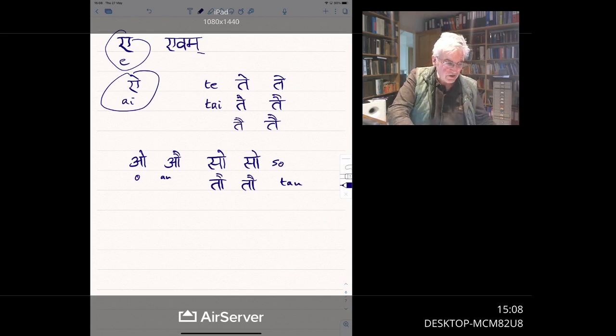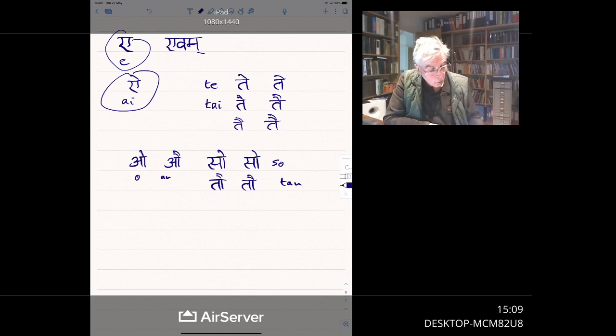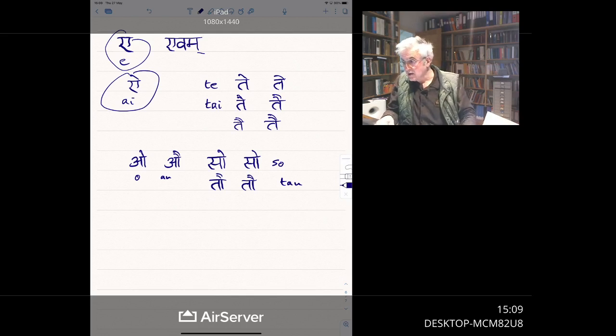And then if you turn to pages 8 and 9, on the left-hand page, you will see all of the consonants written with the Romanized transliteration next to them. Sorry, consonants and vowels. And on page 9, you'll see them all written on their own. And if you go to page 12, there's a recommendation on the order in which you write the strokes. But hopefully you won't actually need that, because you can follow the way that you've seen me doing it on my iPad.